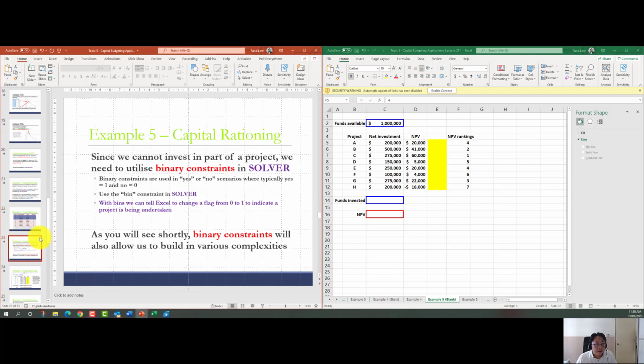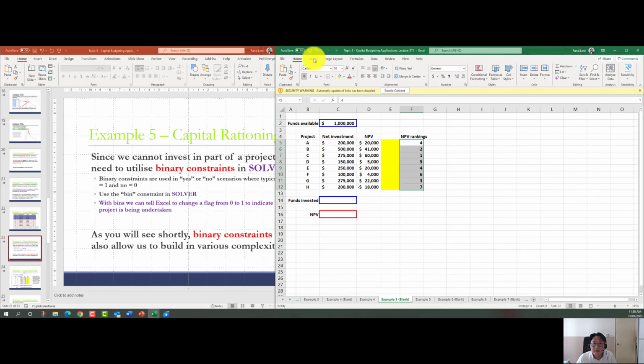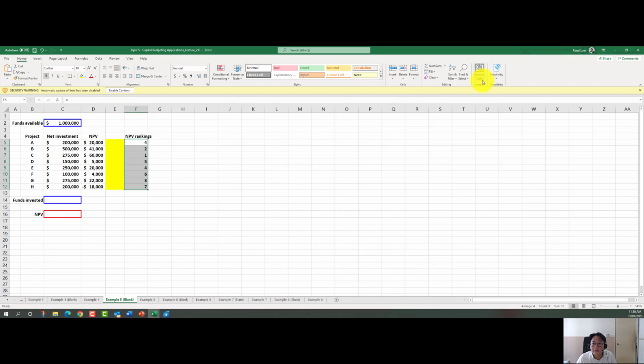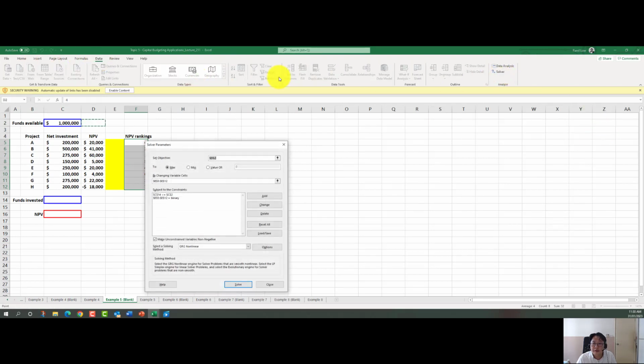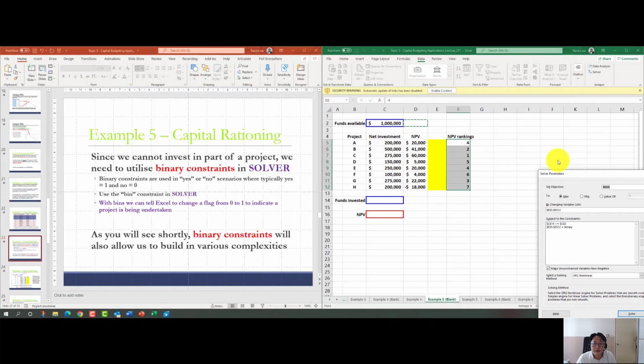Since we cannot invest in part of a project, we need to use binary constraints in the Solver function. So what does that mean? Let's bring up the Solver. We have Data, Solver is right here. Let's just minimize that and put it over here.